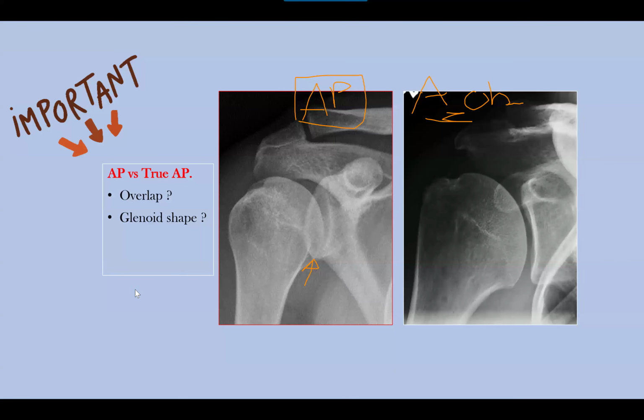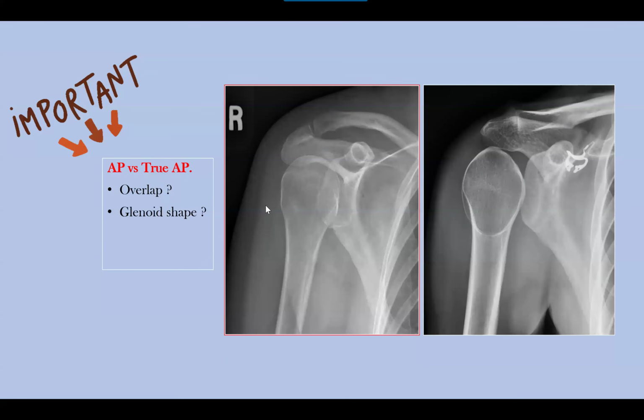This is the first note. The second note, the light bulb sign. Sometimes this is very clear, of course. Look at the overlap in the AB view. If there is overlap, usually this is internal rotation.